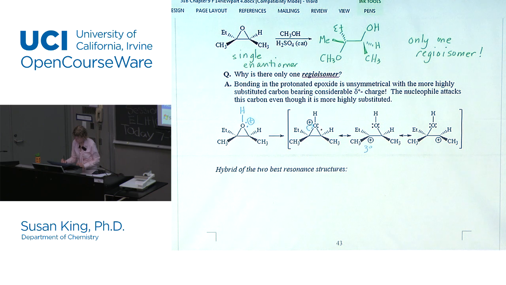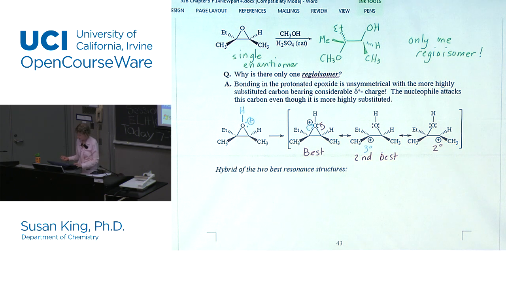If we break the bond this way, then that gives us a secondary carbocation. What's better, a tertiary or a secondary? A tertiary carbocation is better. And so this one, of course, is the best resonance structure. But this is the second best. They're both very minor, but it's the second best.